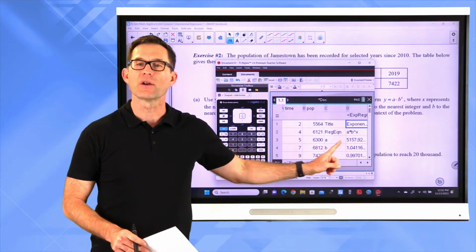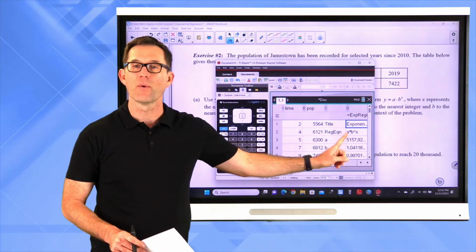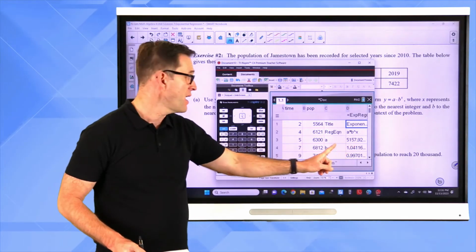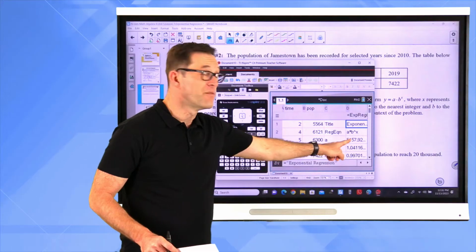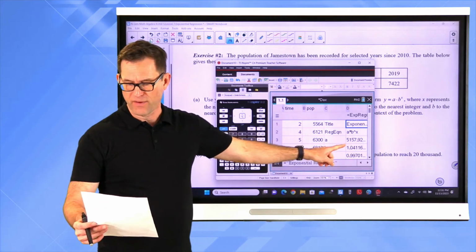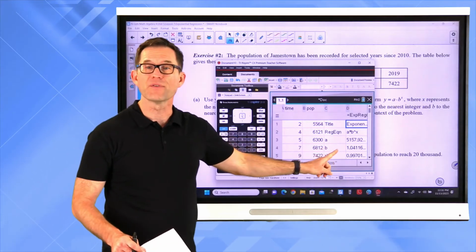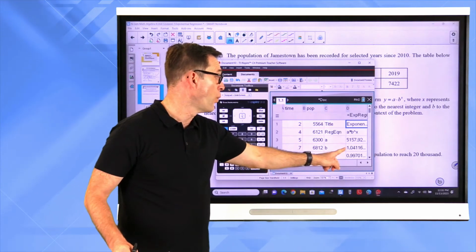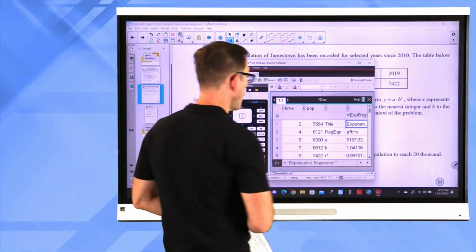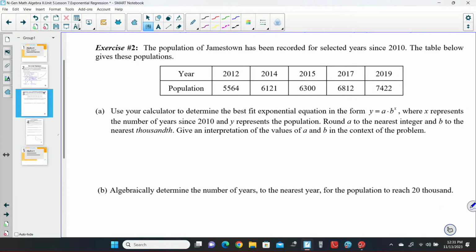Here they show you the general form of your exponential regression equation, a times b to the x. They immediately give you the value of a, that's 5,158 rounded to the nearest integer. And we wanted the value of b to the nearest thousandth. So to the nearest thousandth, that'll be 1.041.